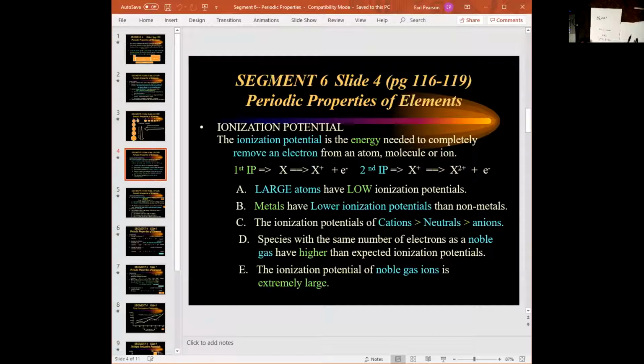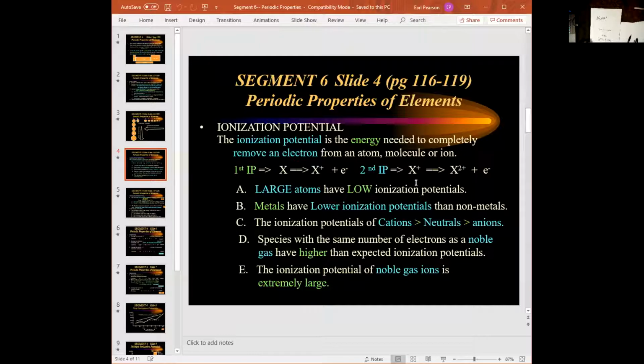As you go to higher and higher ionization potentials, the energy increases dramatically, because the first electron you're taking away from a neutral atom, but the second electron you're taking away from something that was +1. That takes a lot more energy. So multiple ionization potentials increase dramatically.